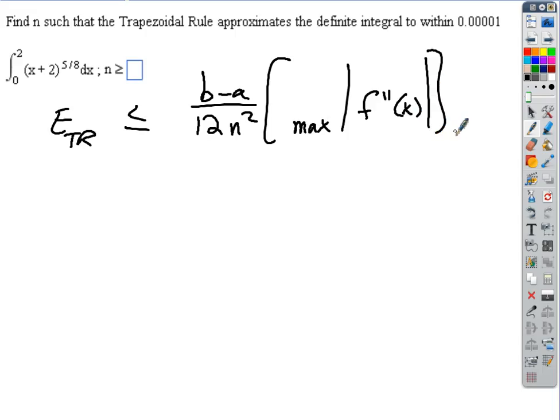I didn't know you had to. What does the line read? Absolute value. Right. So we're finding the maximum on the interval from a to b. We're finding the maximum value of the absolute value of the second derivative. What is max? It just means the biggest value it could take.